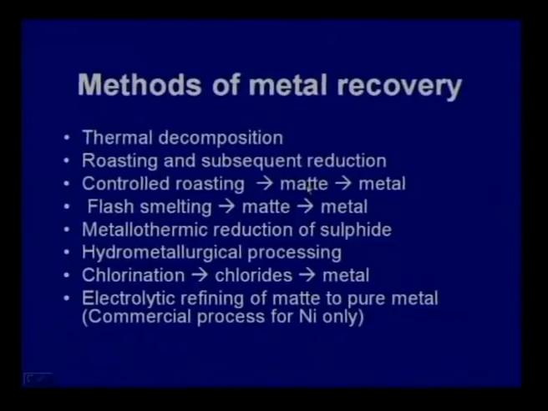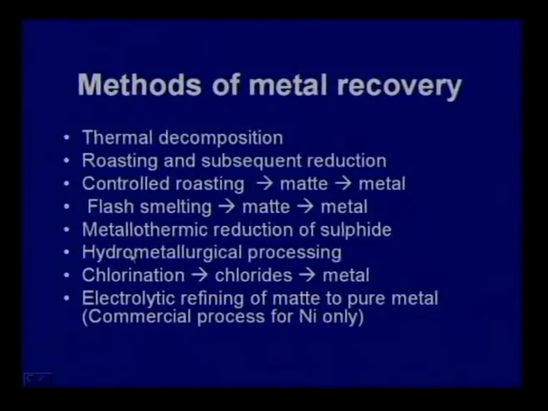From there we get metal by a very interesting oxidation technique, where simply by oxidizing it we produce copper. How we will do that we will see later. The other will be flash smelting, where roasting and smelting are combined, and the process is speeded up. We can also have metallothermic reduction of sulphide.